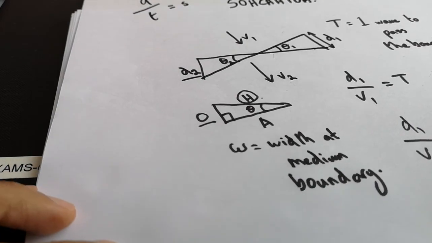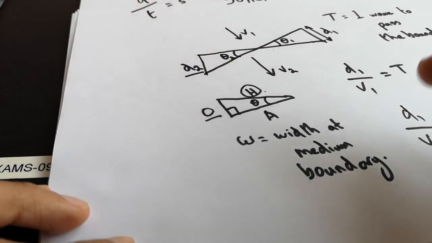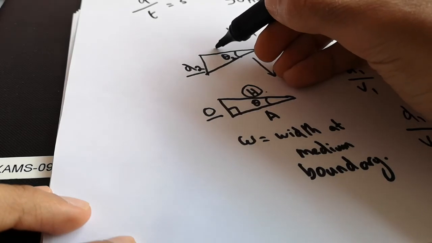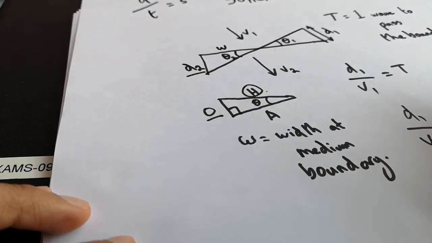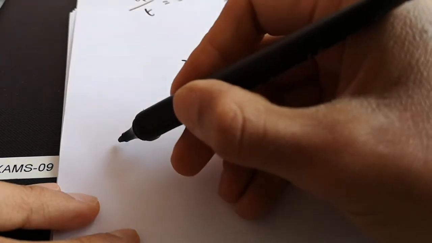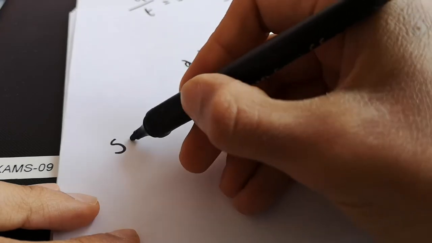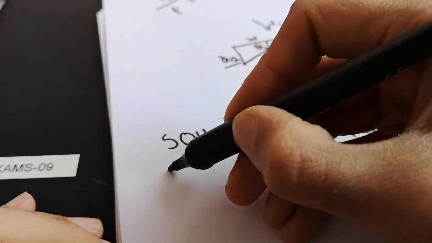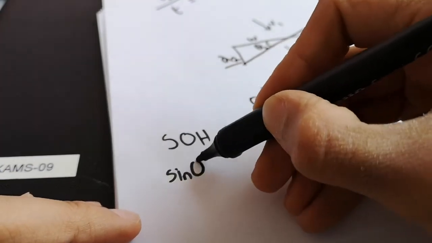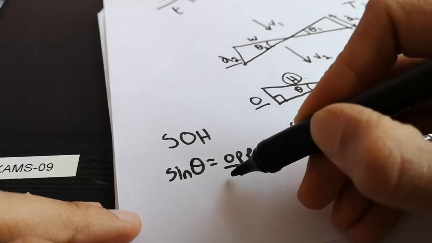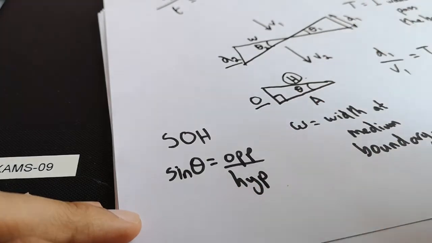What we're going to do now is say, okay, well, based on this ideology we have here, if we label this value up here as W, the source of the wave, what we now have is a situation where we're saying, okay, well, I can use this setup over here, and I'm going to say that sine theta is going to give us the opposite over the hypotenuse.